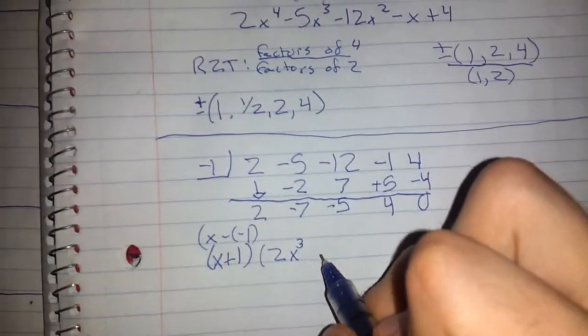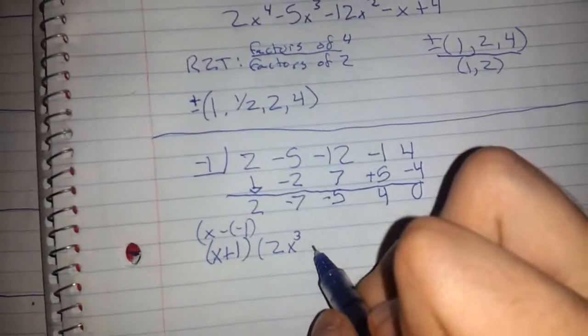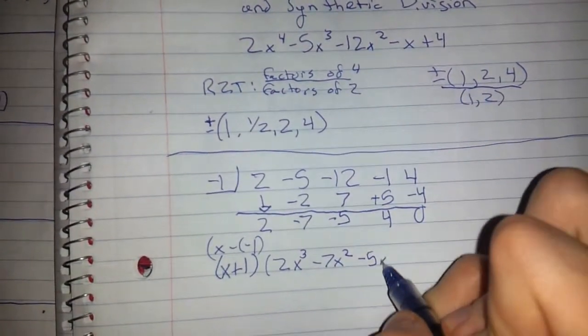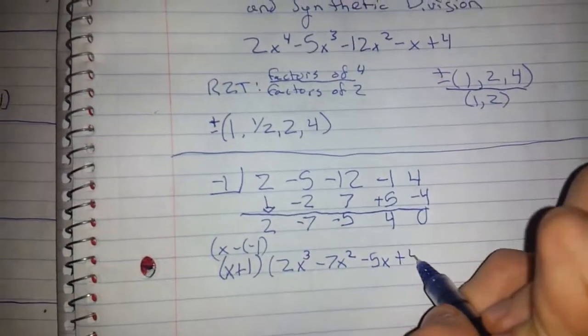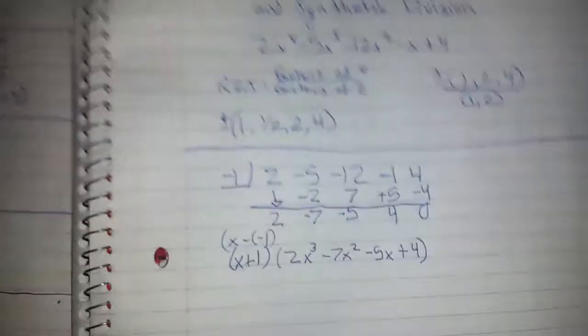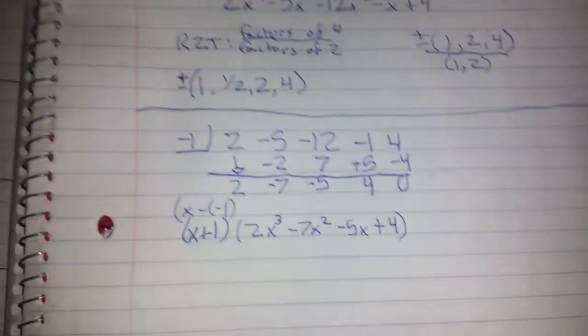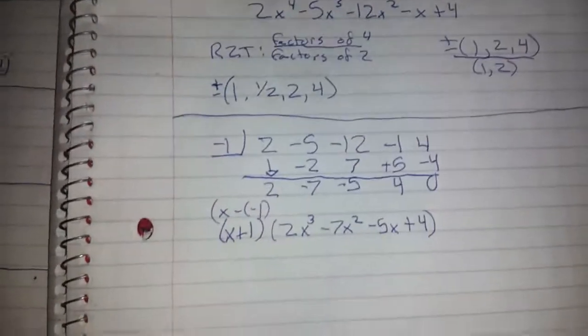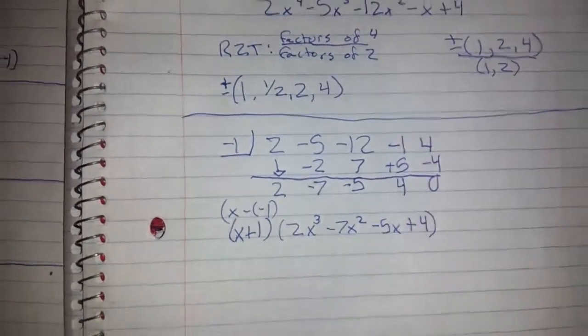You drop that down one multiplicity, minus 7x squared minus 5x plus 4. And that's going to be our divisor and quotient together right there.